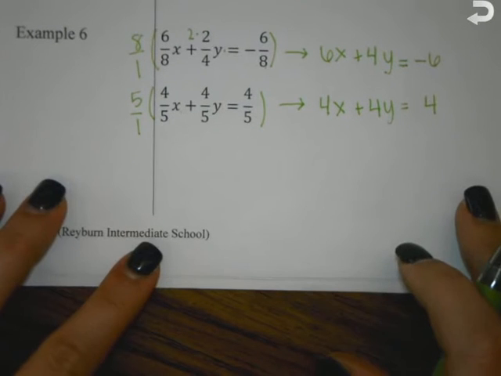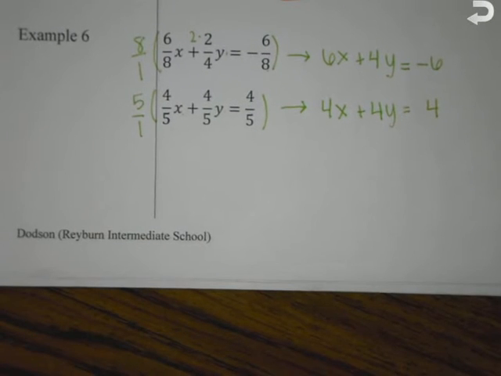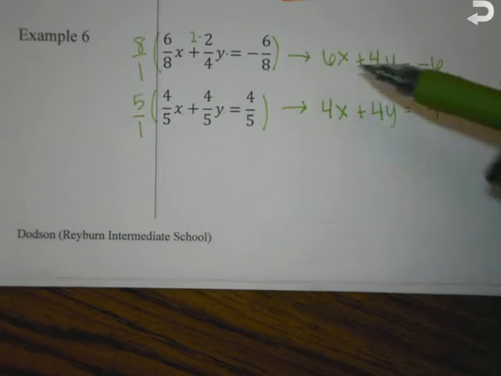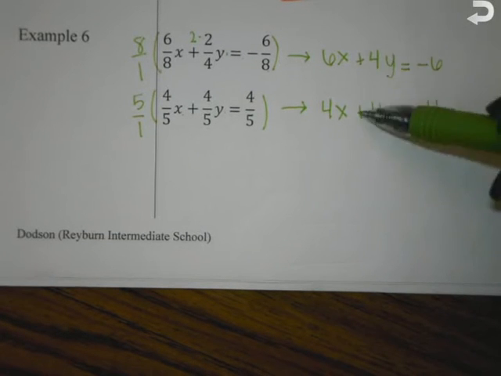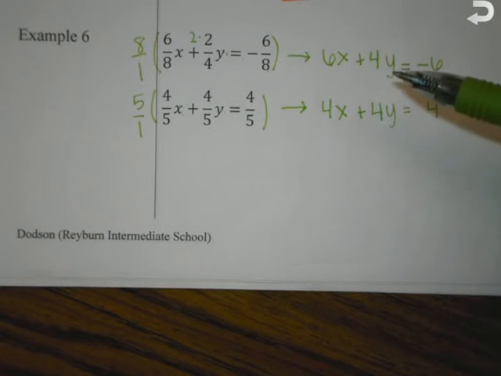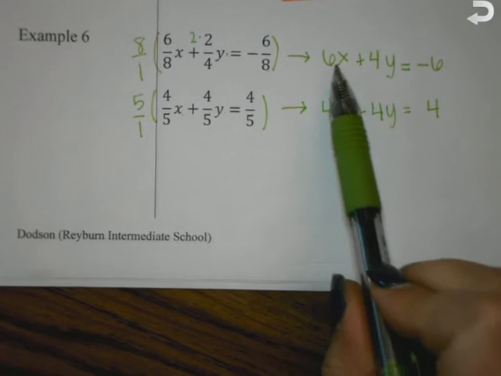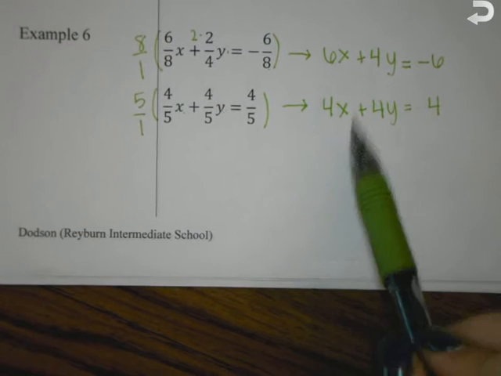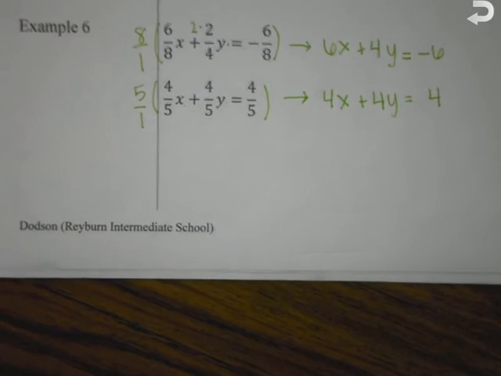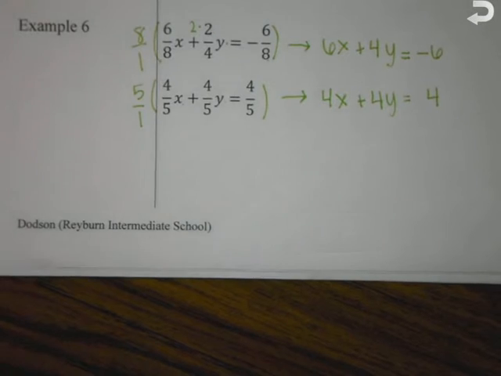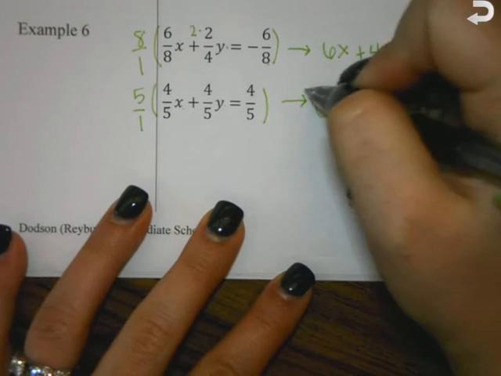Okay. What variable are we going to eliminate here? The y's, but my operations, my signs are not opposite. So what do I need to multiply one of them by? A negative. Who wants to multiply the top by the negative? Bottom? Okay. So if I multiply the bottom by a negative, negative 1, right?